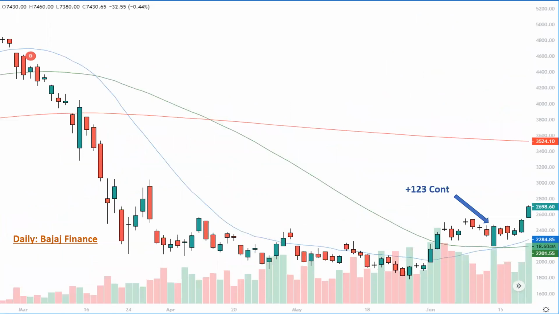So this is a daily chart of Bajaj Finance, and in this chart, this is more like a bottoming pattern which it has formed. After the market has fallen for a couple of days, it has made a range here.